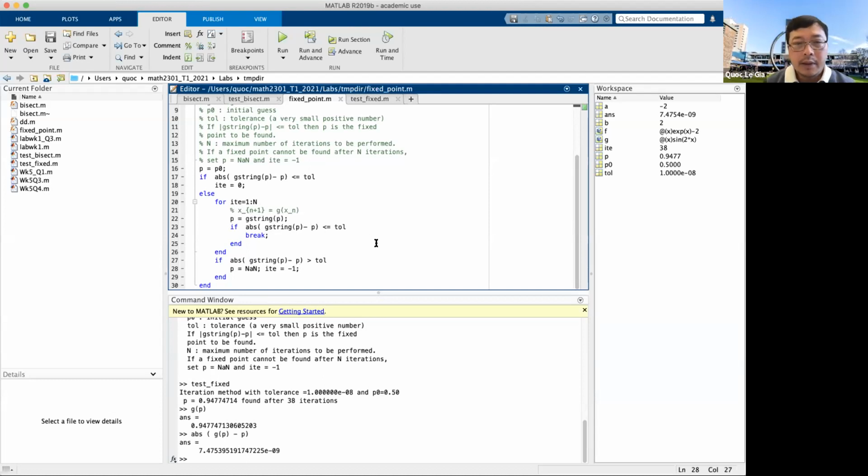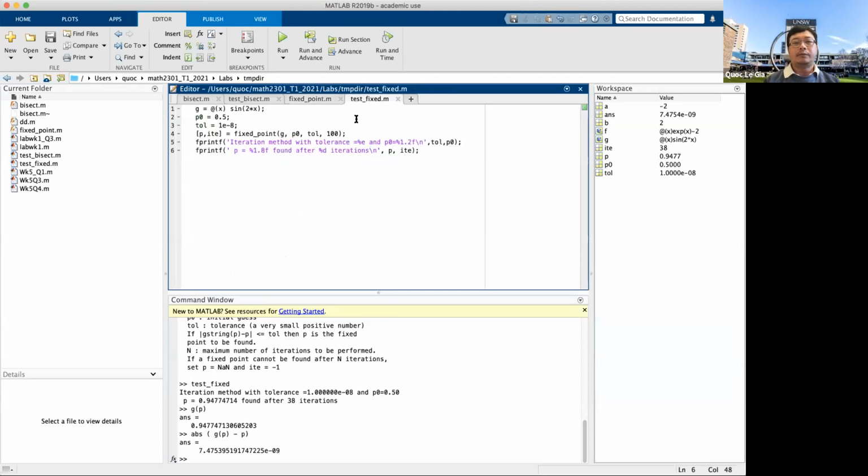So any question about this? So now what happens if we try the function, you know, exponential x minus 2, like the previous question? So now what happened?